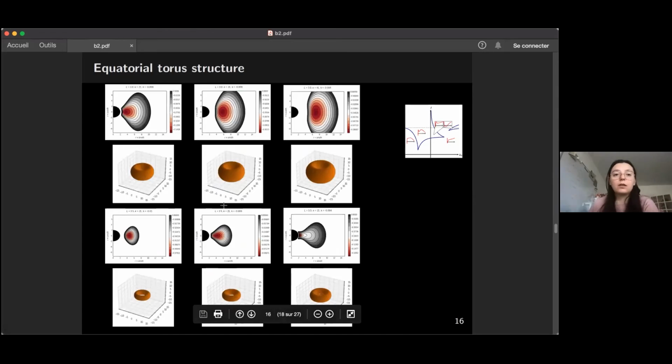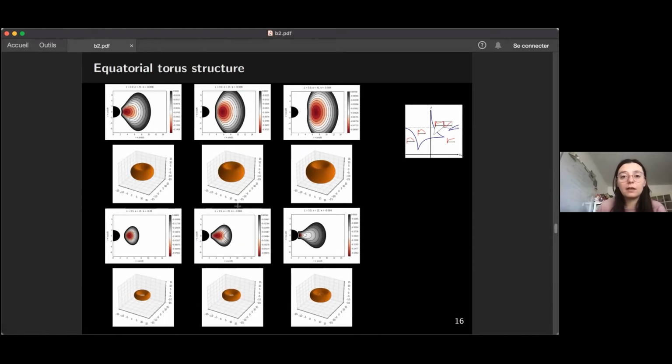Okay. So just some examples of equatorial structures that we could build. Here we are in that area where we have only a bound one. So these are different tori in the equatorial plane with different values of E or different values of K0, which is written K here.